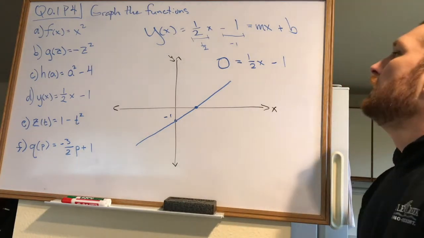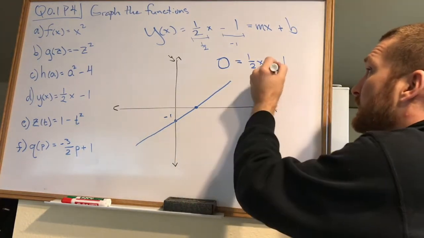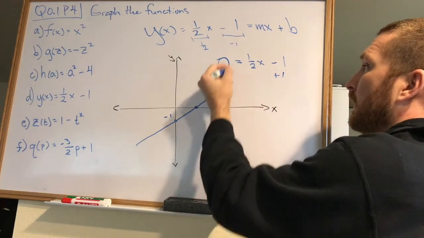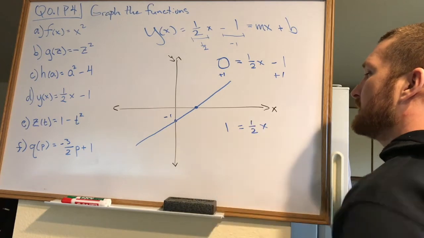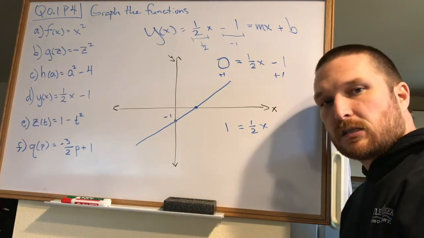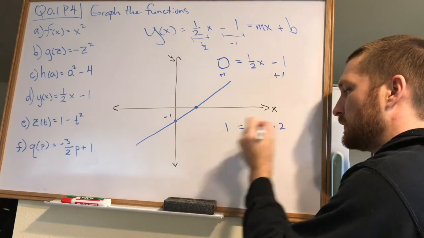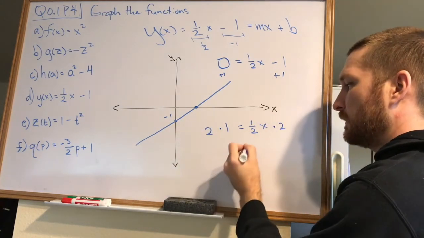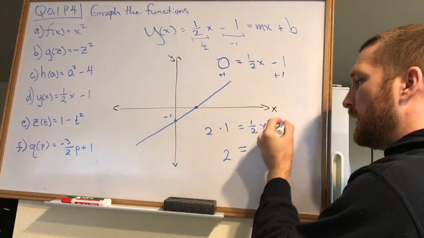So, trying to get x by himself. Let's add 1 to both sides. Okay, and drop this down here. We'll say 1 equals 1/2 x. Fractions, I hate fractions. Let's clear the fractions. I could kill that 2 by multiplying by 2. I get 2 times 1 is 2, and those cancel.